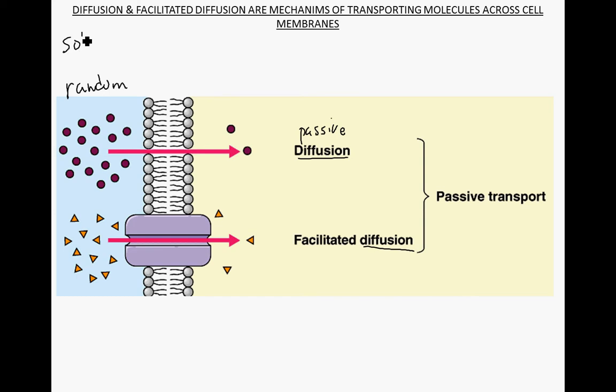In solution, you have these molecules that are dissolved. And if you don't know what dissolved is, you should go and figure that out as well. So these molecules that are dissolved are moving randomly, and here we see them in a high concentration outside of the cell. Their concentration, in brackets here, is high outside the cell. The concentration of those same molecules in the solution inside the cytoplasm is low.